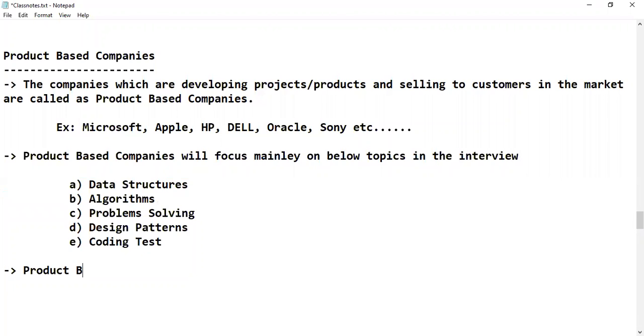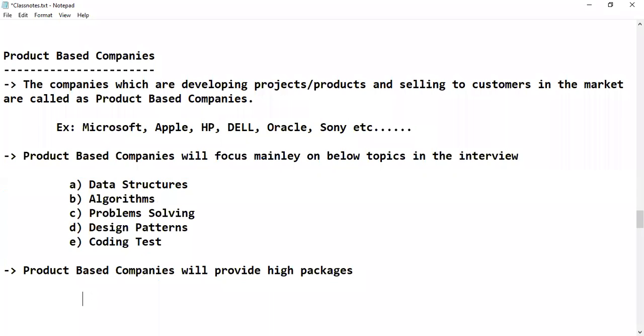Product-based companies will provide high packages. Now, how much can you expect from the product-based company?